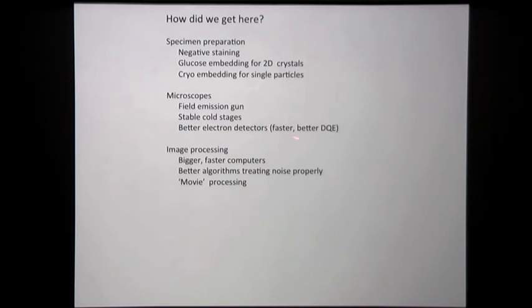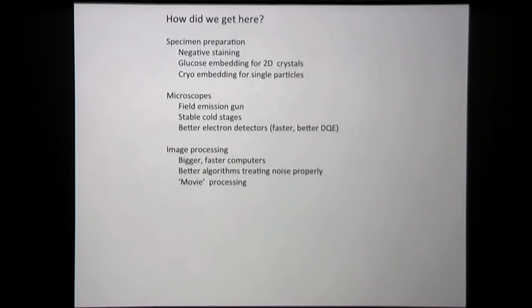And recently, we've got much better electron detectors, which can record faster, and they have better DQE, detective quantum efficiency, and you'll be hearing about that later in the week. It just means that the detector is recording the imaging electrons without adding its own noise to the image. So the noise in the image is just limited by the imaging conditions, not by the recording in the detector.